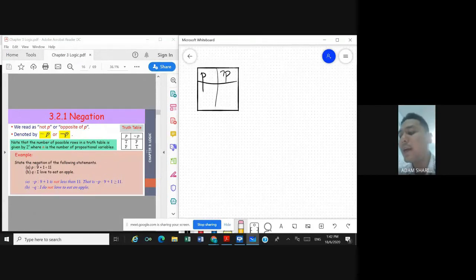If it involves one proposition P, then we have only two possible combinations. P, true or false. The negation of T is F, and the negation of F is T. Very simple. This is the law. You cannot change the law. The judge can change, the lawyer can change, but the law never changes. This is the negation.